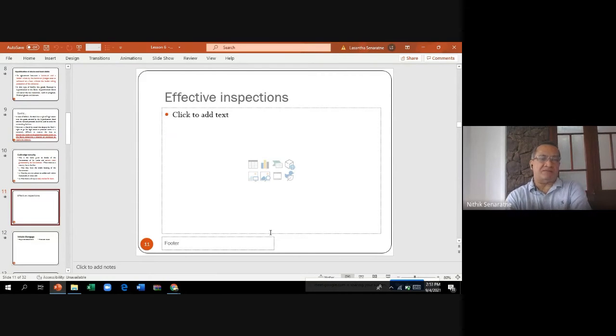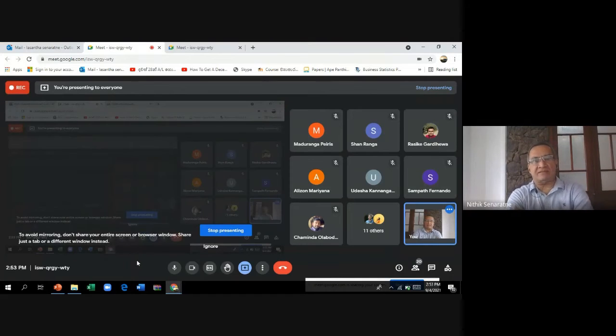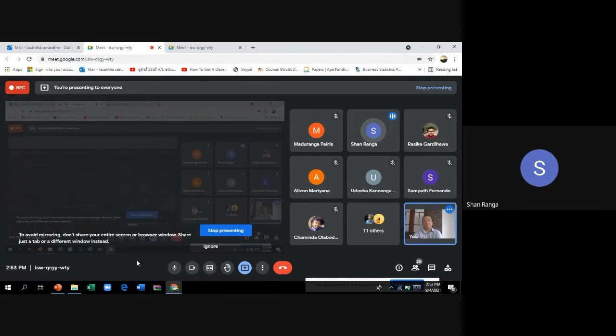Now, effective inspection, this is an important area. How do you all conduct inspections at your banks? Now we'll say stock mortgage inspection. Can someone tell, Shant, can you just explain what is your method of conducting inspection? So we usually do stock inspection on a quarterly basis.